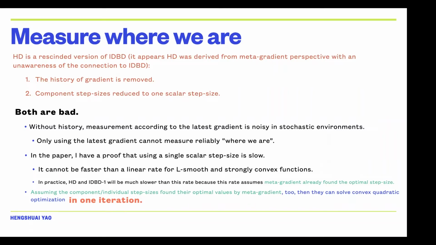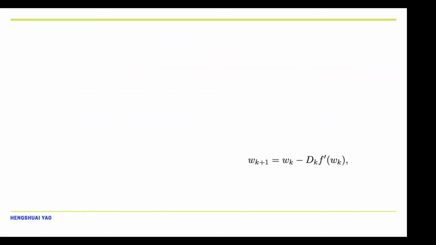Okay, check the paper. For the purpose of the talk, I think we focus on high-level discussions without going into detail. So we're going to introduce a generic form of gradient descent update, where DK here is a diagonal matrix.